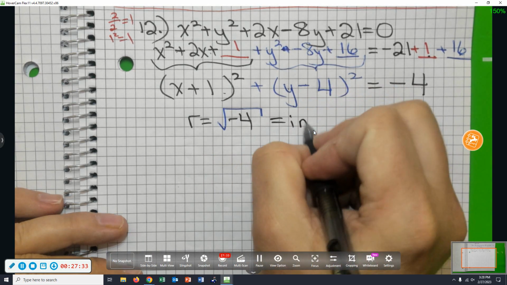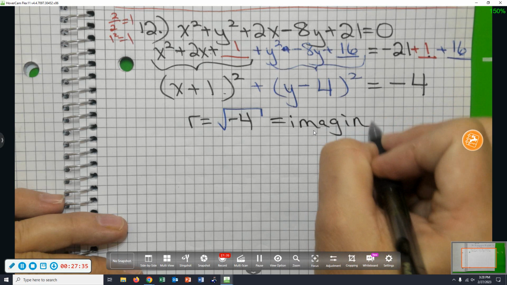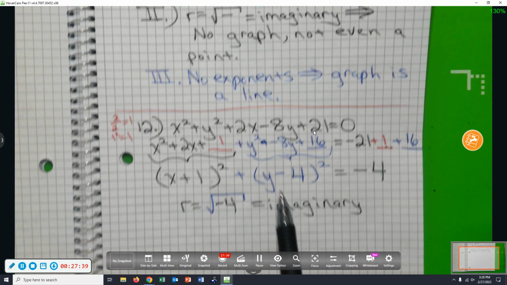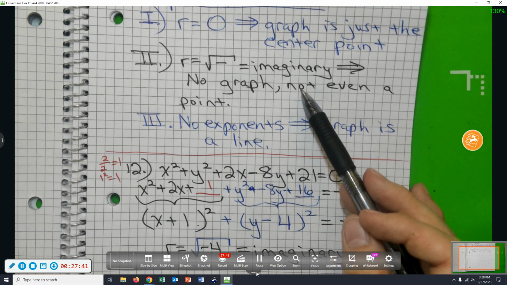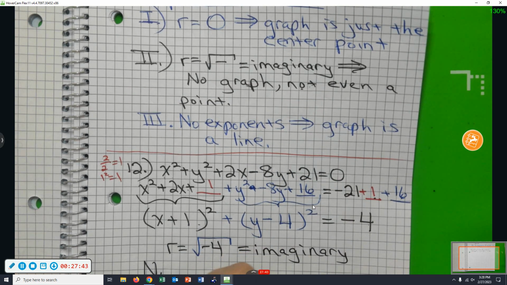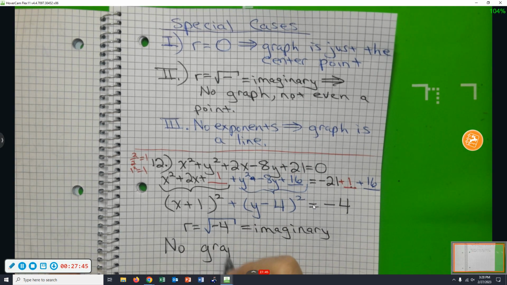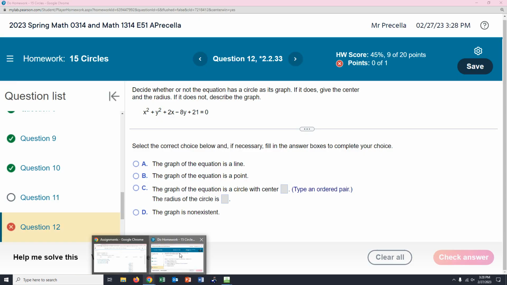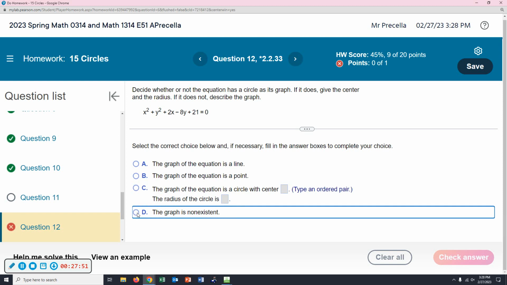Imaginary? The radius is imaginary, so there is no graph, not even a point. So we would choose the option Non-existent.